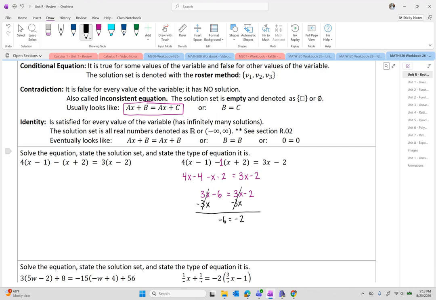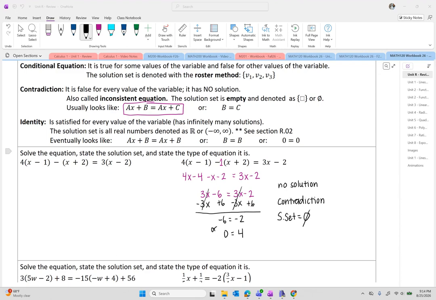That's another equation that is a contradiction. Or I could also try to move the 6 from the left to the right, in which case I would have gotten 0 equal to 4, which is also a contradiction. So for this one, I know that there is no solution. It is a contradiction, and the solution set is the empty set.